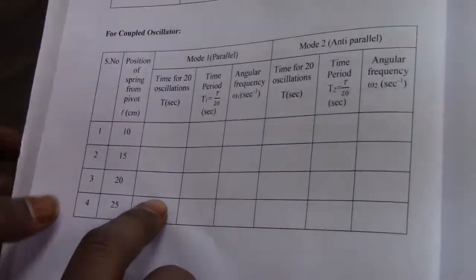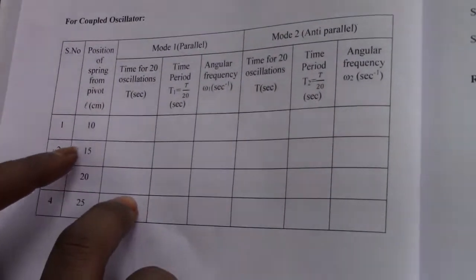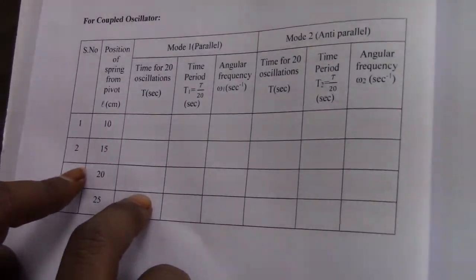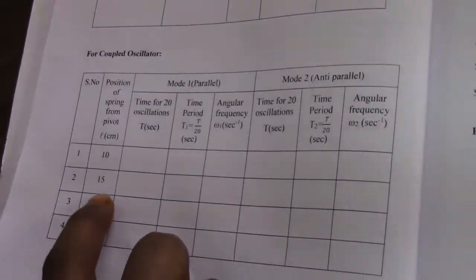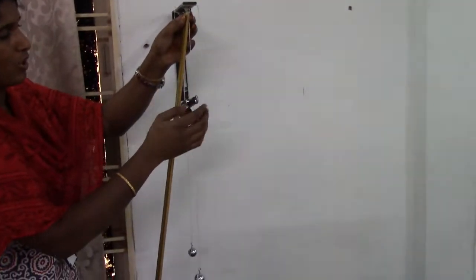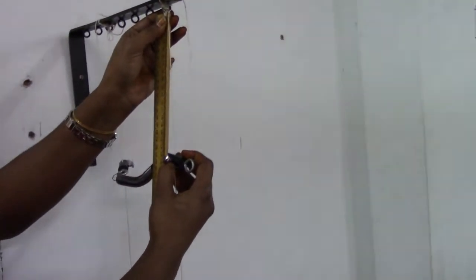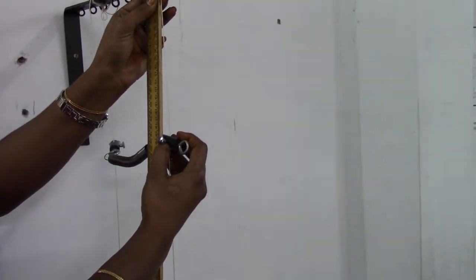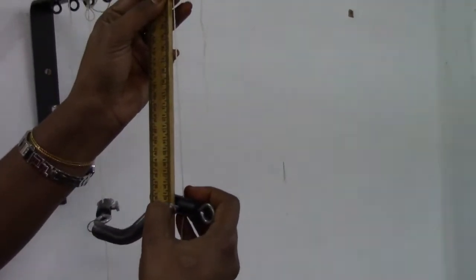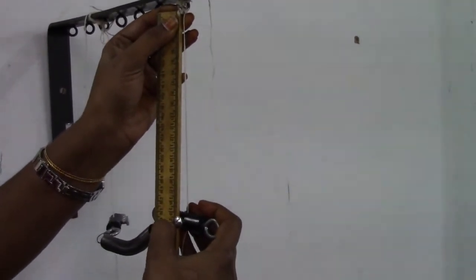So coming to this coupled oscillator, we have coupled the two pendulums with the help of a spring. Coming to the procedure, from this knob to the center of the bakelite lid, you need to fix one distance as constant. Let us consider I have taken the distance from this knob to the center of the bakelite lid as exactly 20 centimeters.